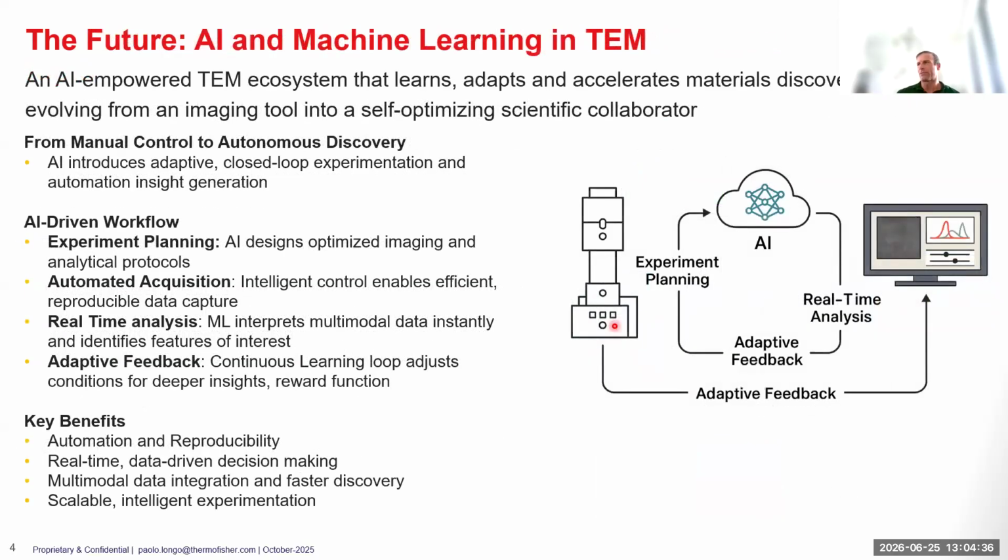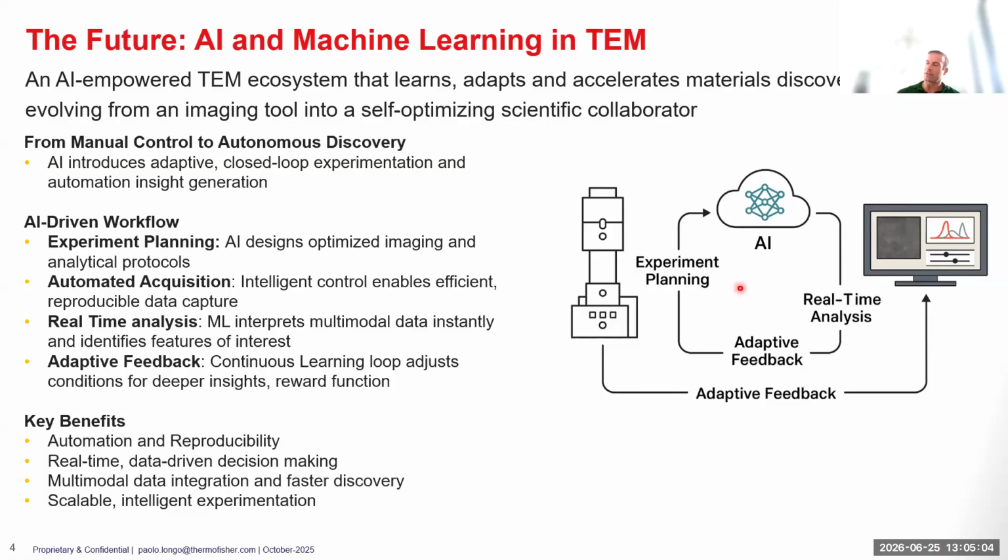But I think something useful in the future is that we start to separate the operator from that core position, and now we have AI playing as an adaptive feedback. Essentially, you only have to tell what kind of information you want to get out of your specific specimen.